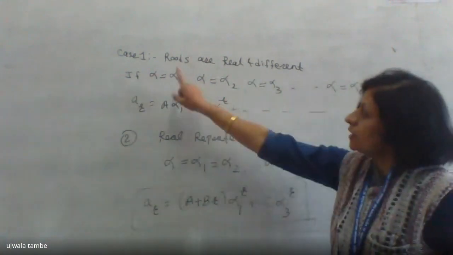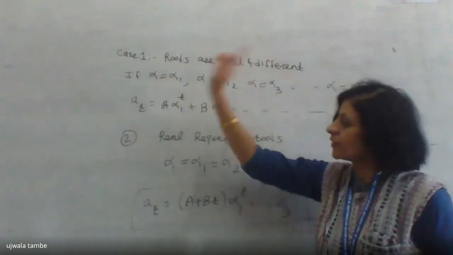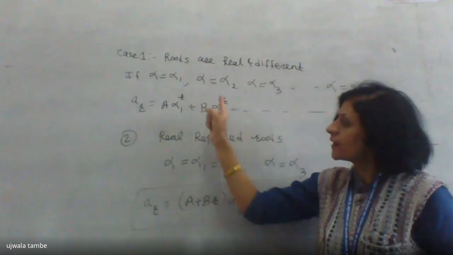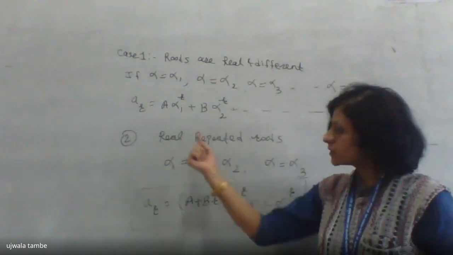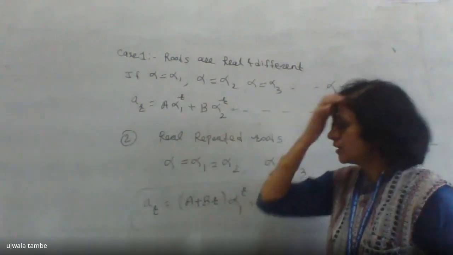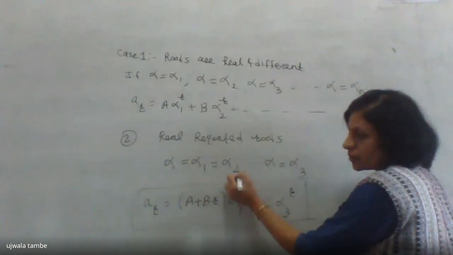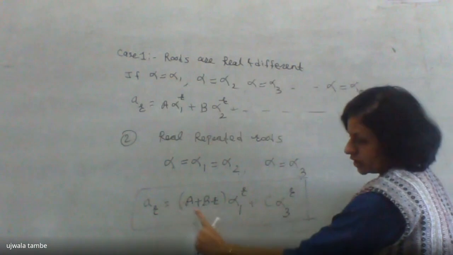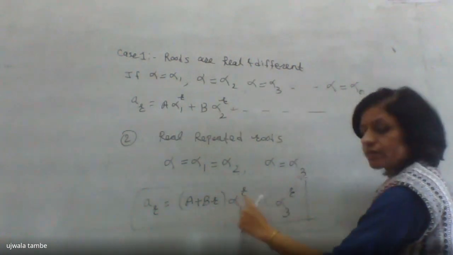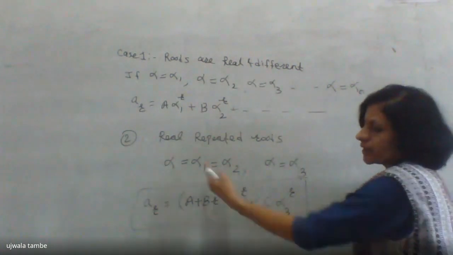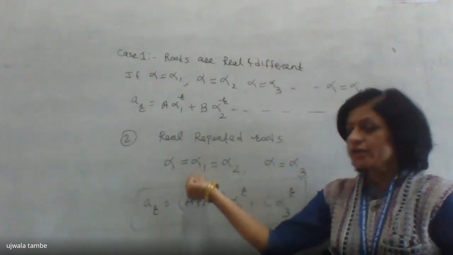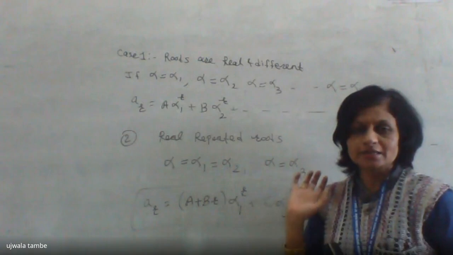If roots are real and different, its solution is A alpha 1 raised to r plus B alpha 2 raised to r. If roots are real and repeated, alpha 1 is equal to alpha 2 and the last root is different, therefore its solution is (A plus B r) alpha 1 raised to r or alpha 2 raised to r. कारण दोन्ही रूट्स काय सेम आहेत. तुम्ही अल्फा 1 डिनोट केलं और अल्फा 2 डिनोट केलं तरी चालणार.